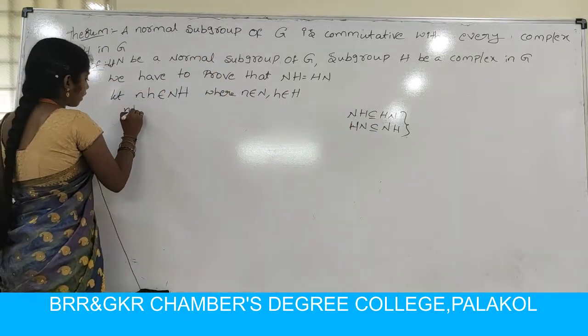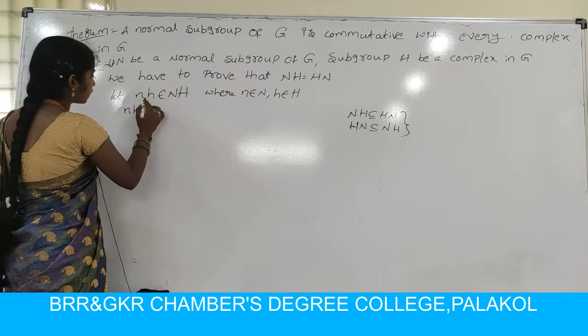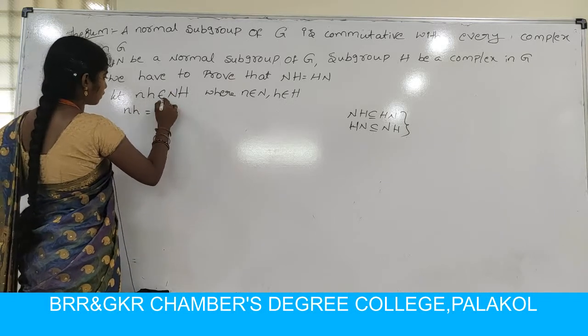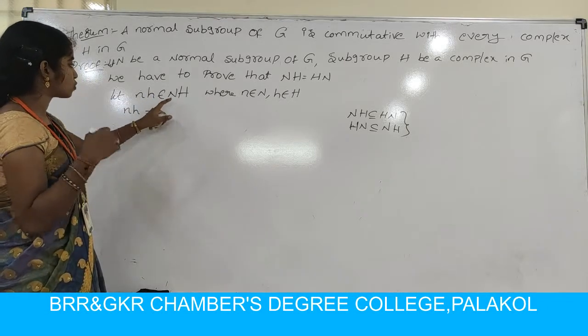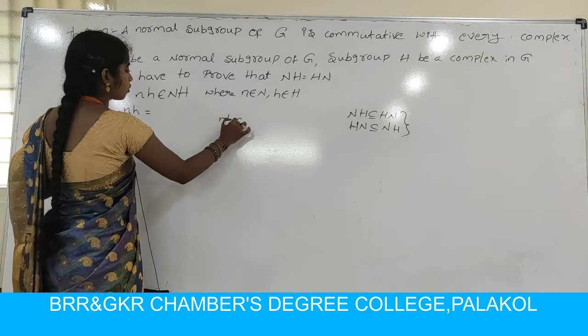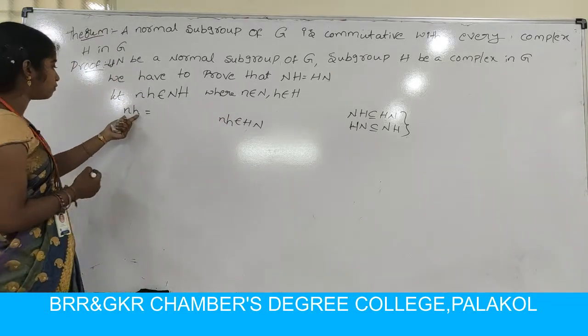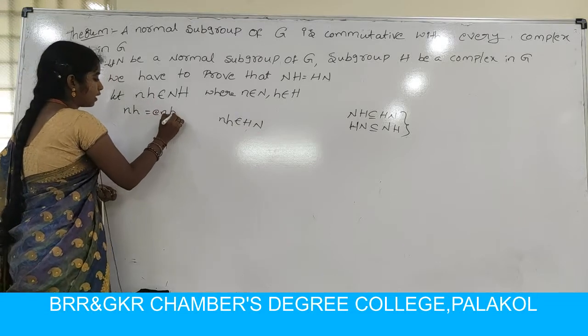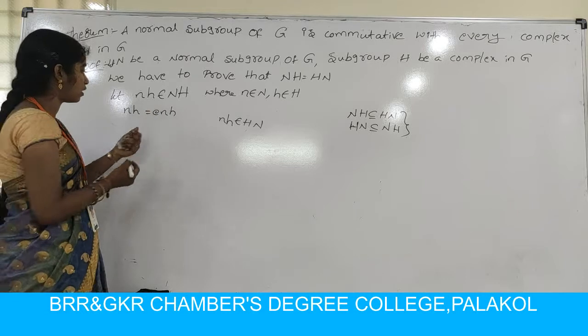So consider nh belonging to NH. We have to prove nh belongs to HN. So nh can be written as e into nh, where e is the identity element.